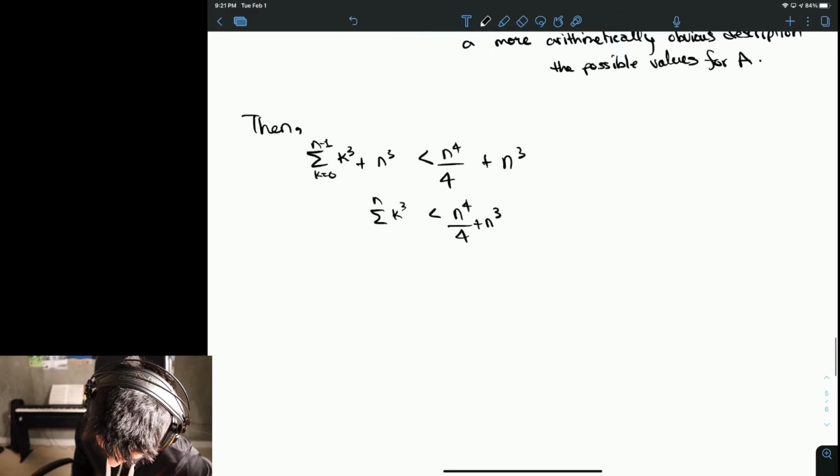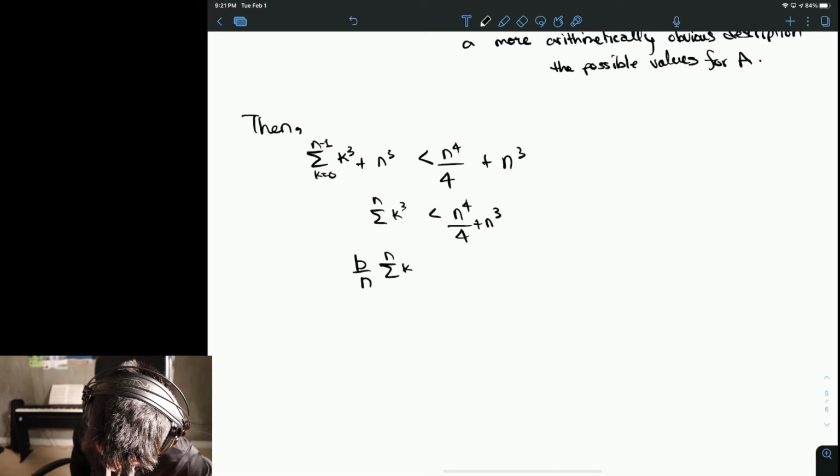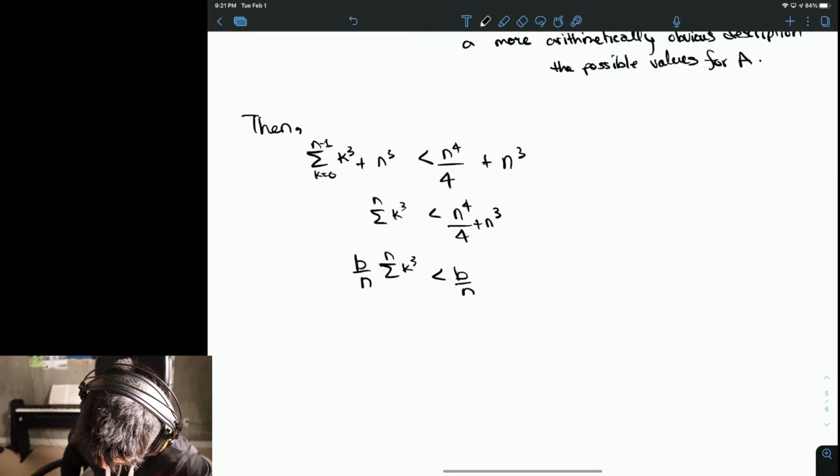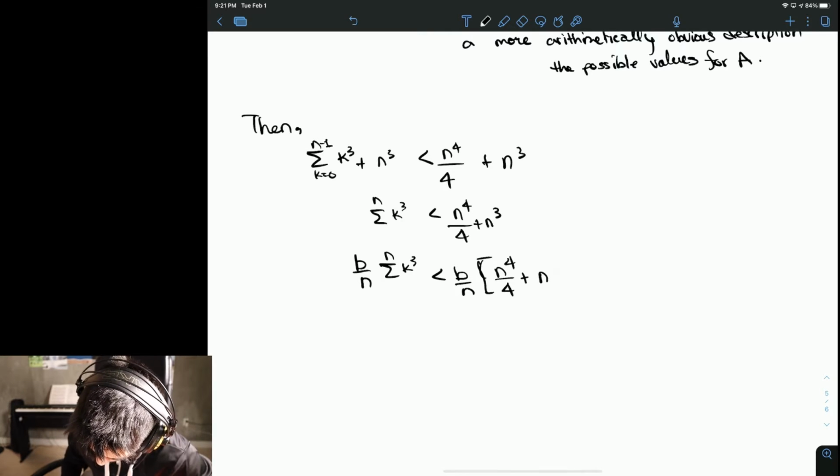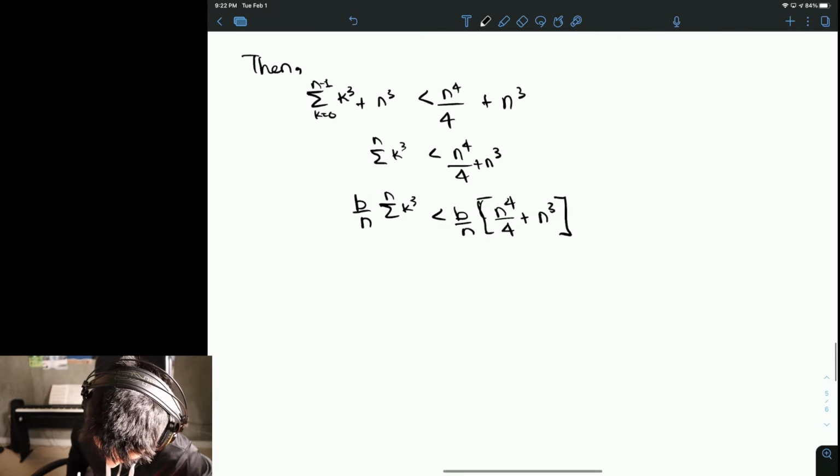And due to this, we can actually simplify this further because we know that S of n, if we multiply b over n by the sum of k cubed, and then multiply b over n on this side as well, I guess it's more like this, we will find that the left-hand side is actually the upper bound, right?